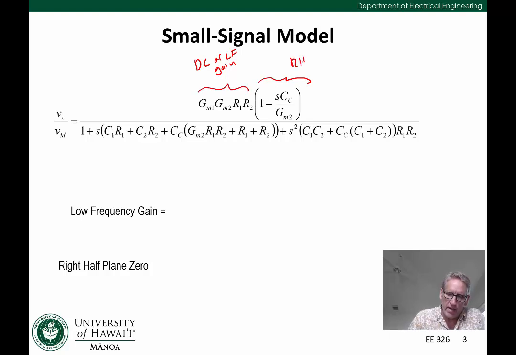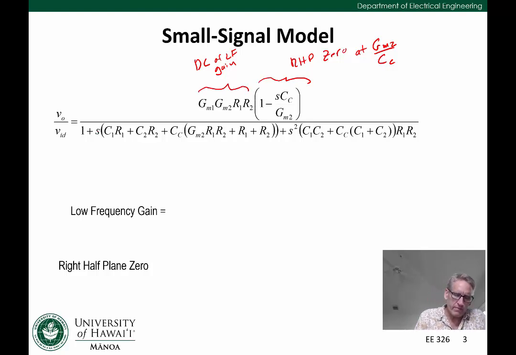This gives us a right half plane zero. So the zero here, by inspection, is at gm2 over Cc. I'll talk more about the consequences of the fact that it's in the right half plane.